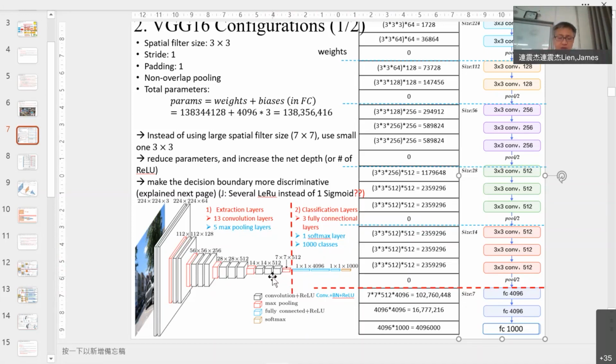But right now, computer is okay to process this one. I say the GPU is okay. Okay, so they flatten here and fully connect to the 4096. And in total, two layers of those, and then final output is 1000 classes.